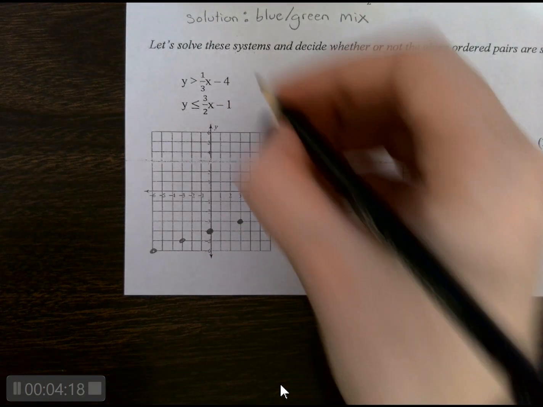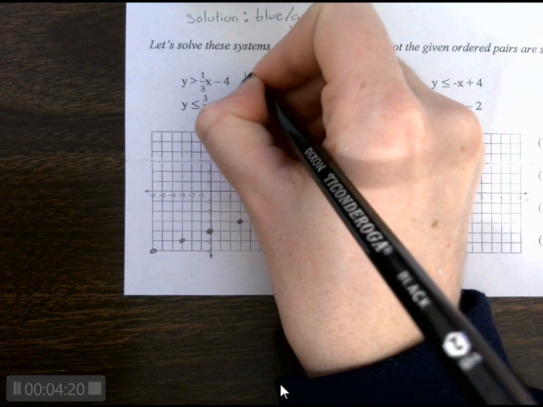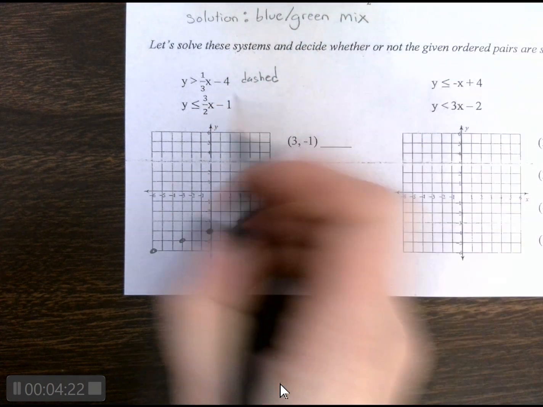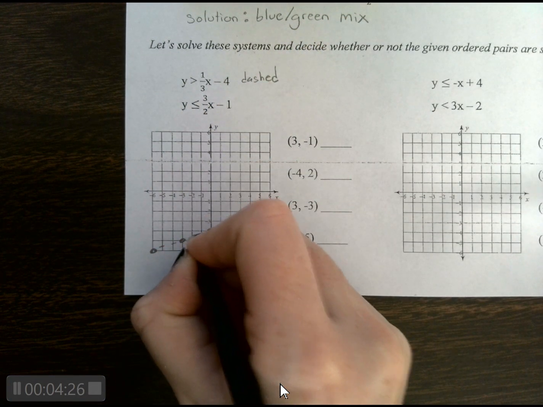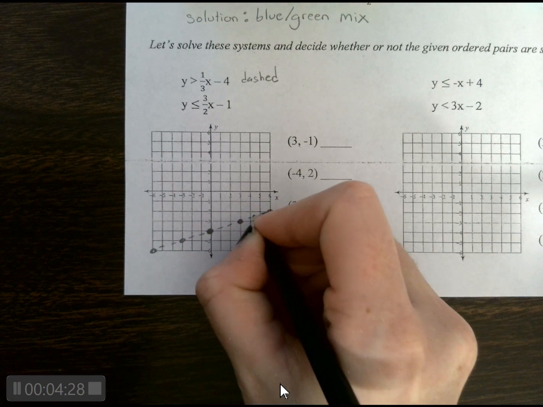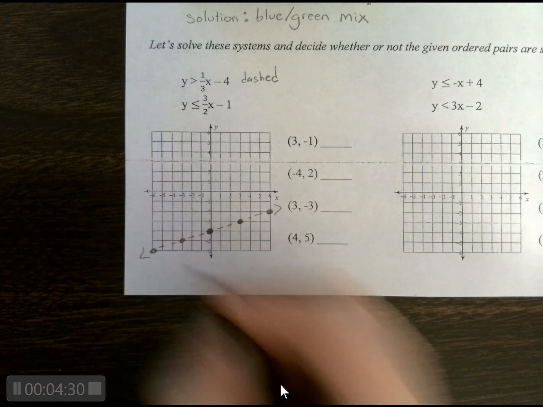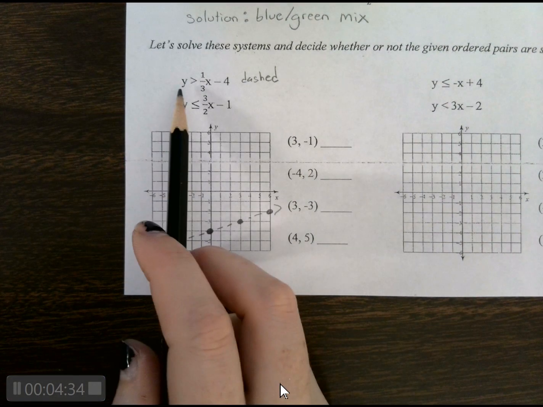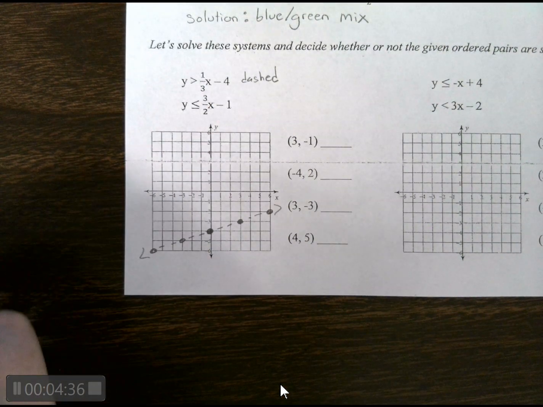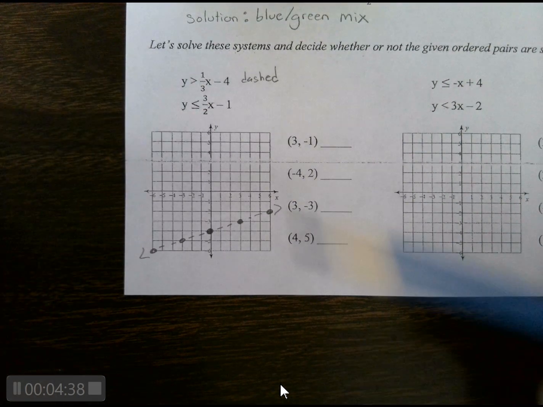Now, this one is going to be a dashed line because there is no solid line underneath. So just go ahead and make your dashes. And then, because y is greater than, we are going to shade everywhere above this line.